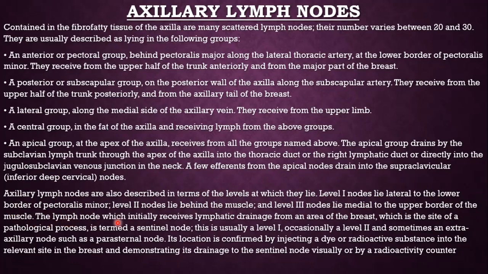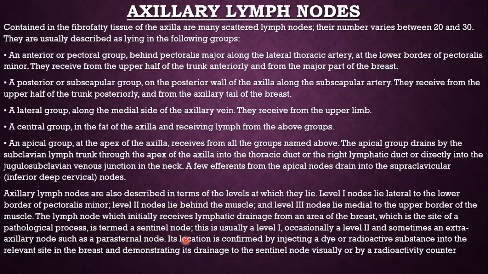Then the lymph nodes, which initially receive lymphatic drainage from an area of the breast, which is the site of a pathological process, are usually termed the sentinel nodes. And these are usually the level 1 nodes, which lie lateral to the lower border of pectoralis minor, and occasionally a level 2 and sometimes an extra axillary node, such as the parasternal lymph nodes.